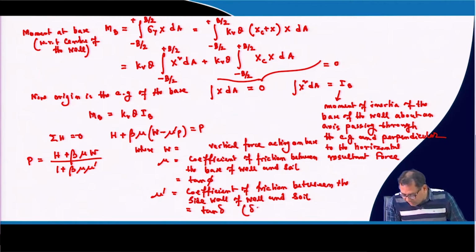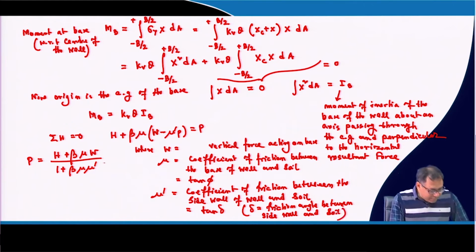Here delta is the friction angle between the side wall and soil. So P also will be obtained by this equation.